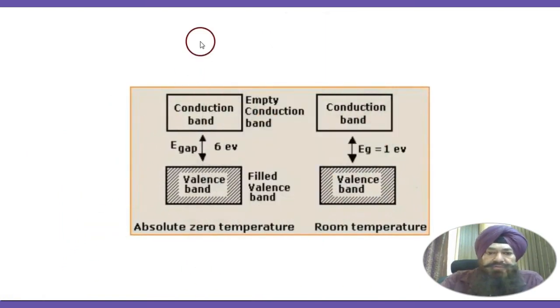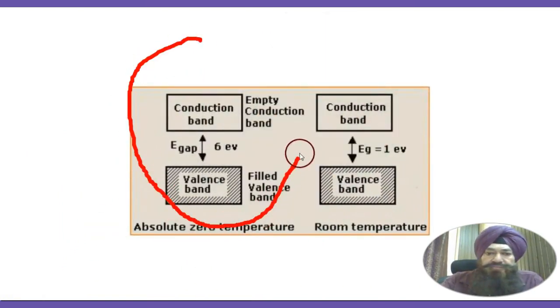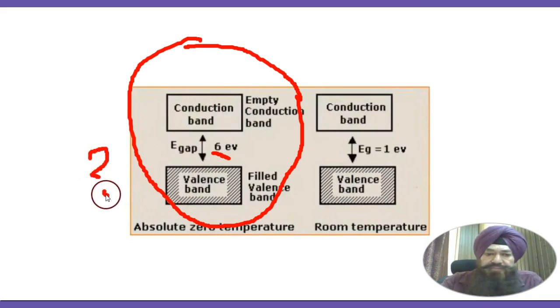Here is an exercise for you: if the energy gap is 6 electron volts between valence and conduction, what is that element? Of course, a hint is that 6 electron volts is too much of an energy gap and cannot be overcome by the valence electron.